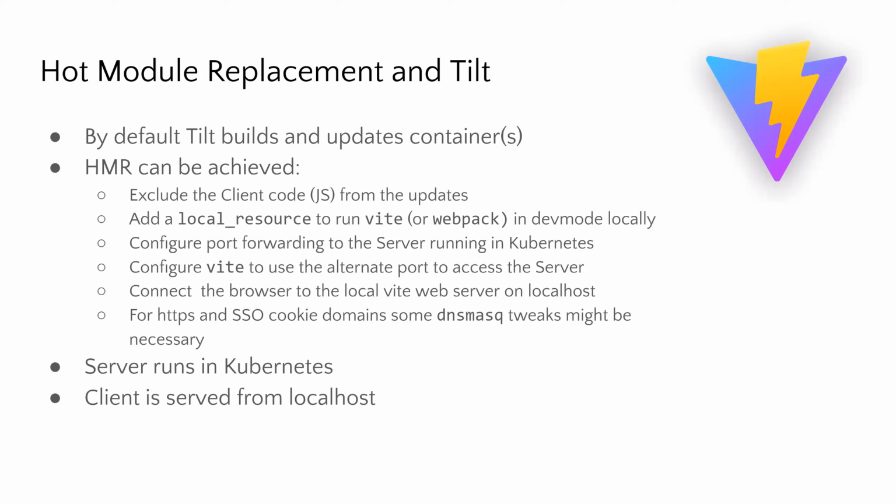And then ask Tilt to put up port forwarding so that instead of the normal Webpack or Vite server talking to the local server, it will use a Kubernetes port forward to talk to the updated service which is running in Kubernetes. And then just connect to localhost. We develop like normal. Every time we change something on the client side, it will get instant updates. And if we change something on the server, it will be updated immediately.